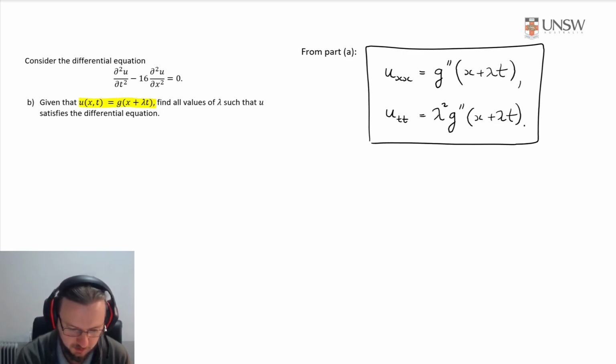So what can we do? Well, this is our differential equation. So let's just take these and plug these in here.